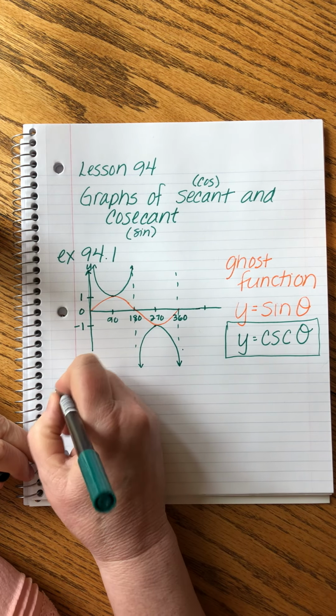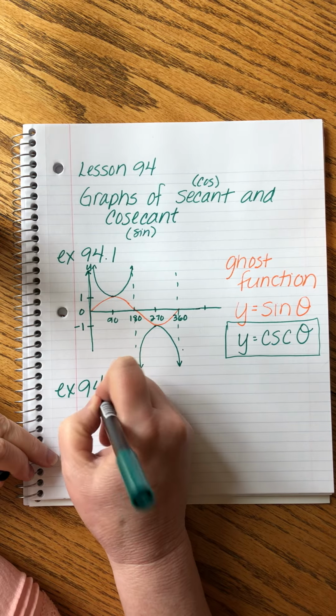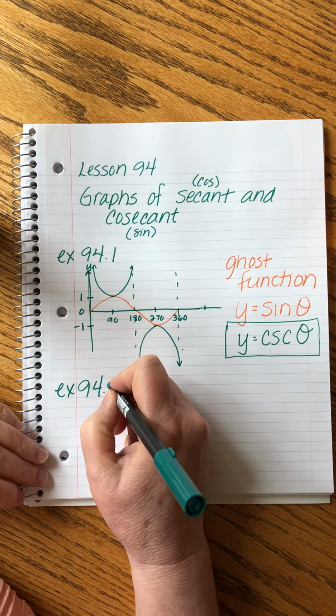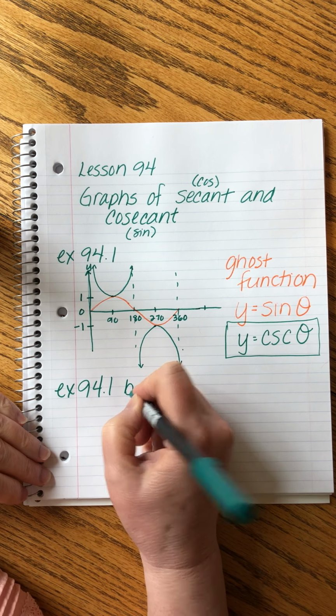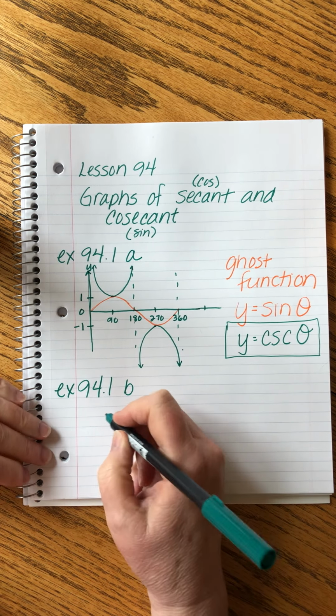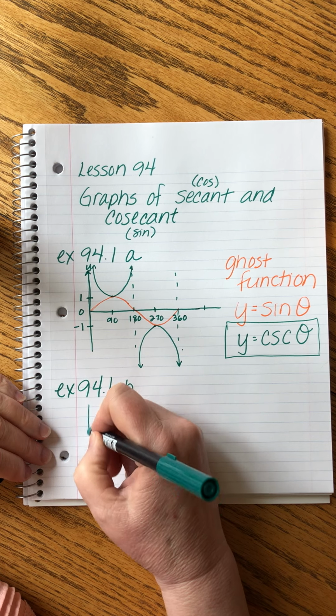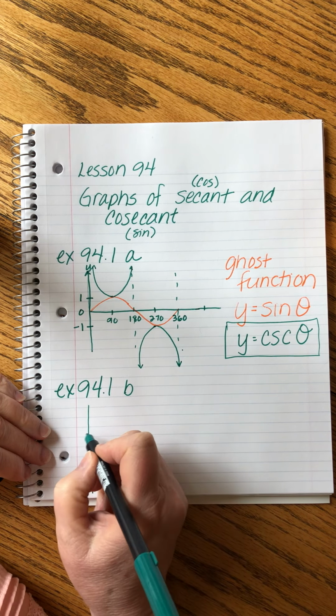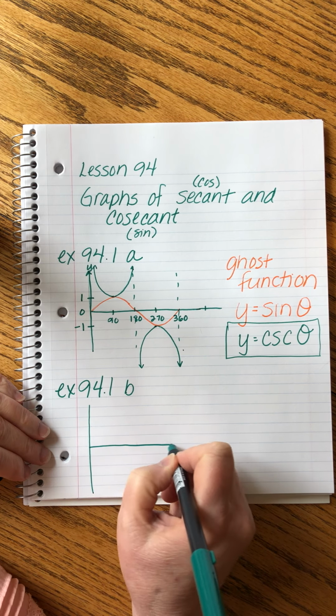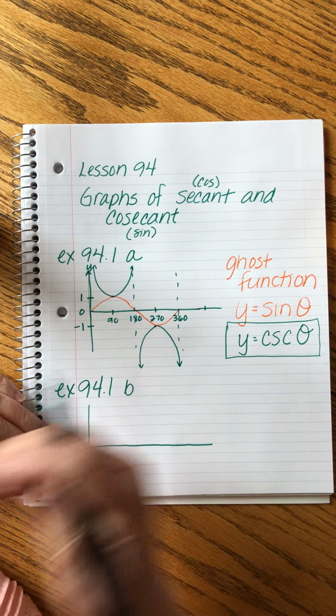Let's try another one. And now you can spoil it for yourself. Oh, I'm sorry, it's part B, if you will. This is A. All right, I'm gonna do the same thing. I'm gonna draw a graph. It looks like this.